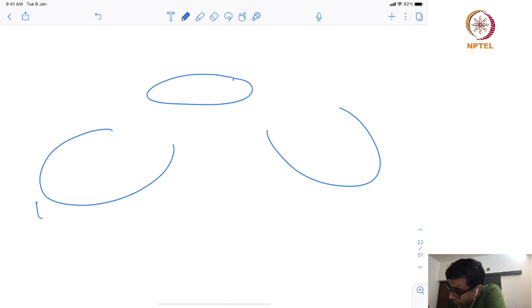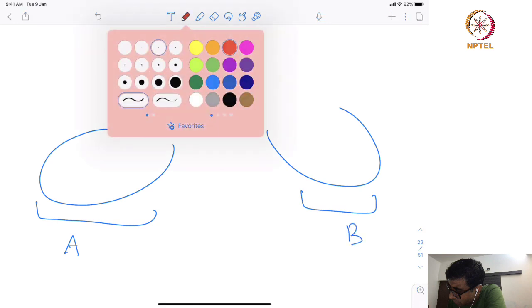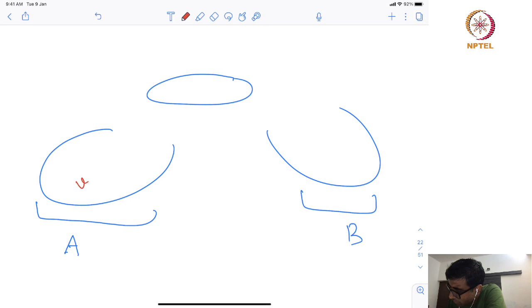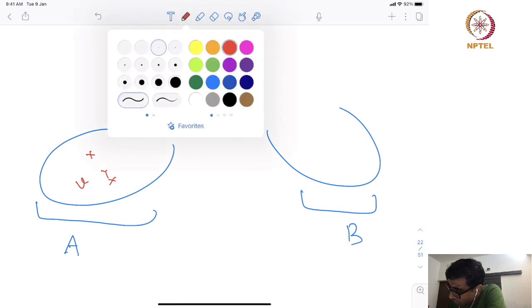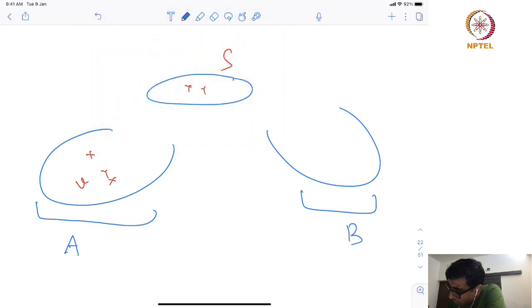Now this is part A and this is part B. Now look at a vertex here, okay. Where are its neighbors? Its neighbors are here, or its neighbors are in my separator. So the only way it can get dominated is by this portion, right?